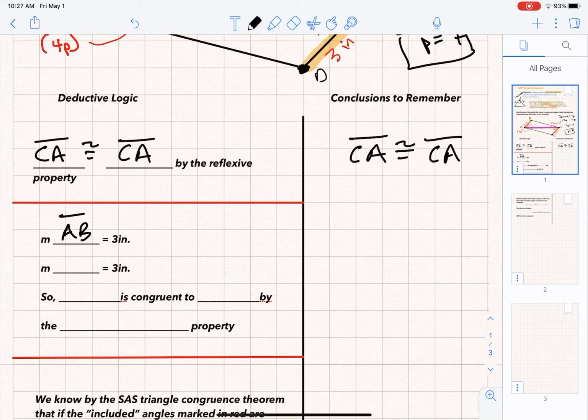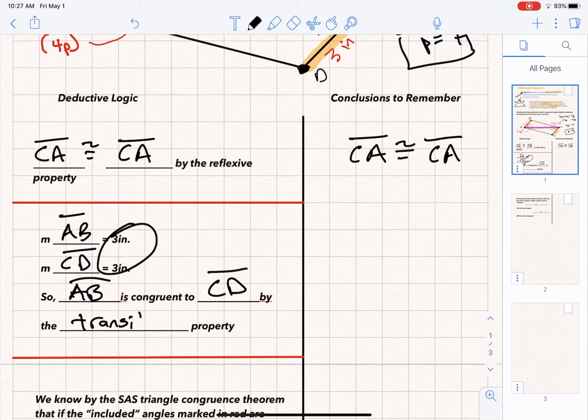The measure of segment CD is 3 inches. And since we have two things that are equal to another thing, in this case 3 inches, we can say that segment AB is congruent to segment CD by the, think about it, very important property, the transitive property of congruence.